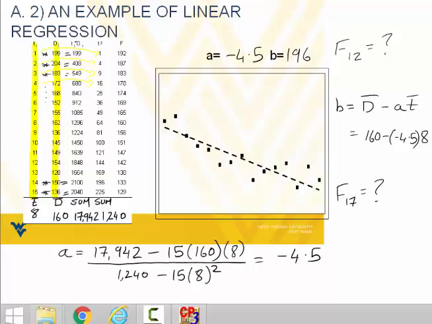Sorry? Plug in 12. Plug in 12 where? A times 12 plus B. Exactly. And I know what A is, I know what B is, I just have to use that. So what about 17? Same thing, right?